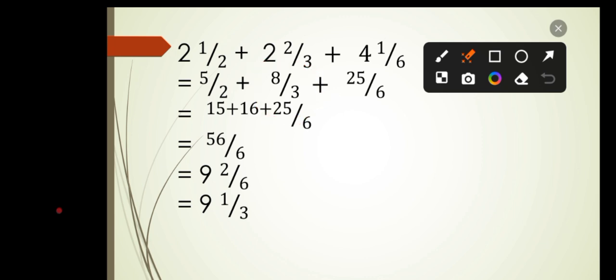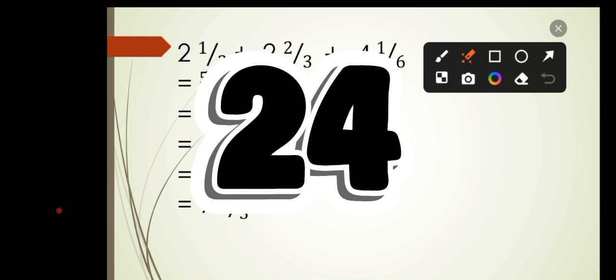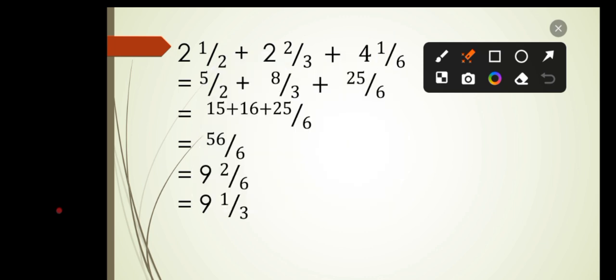We come to this mixed fraction. The denominator 6 multiplied by this whole number 4 will give us what? 24. Plus this numerator 1 will give us 25 over the denominator 6. That's how we have 25 over 6.